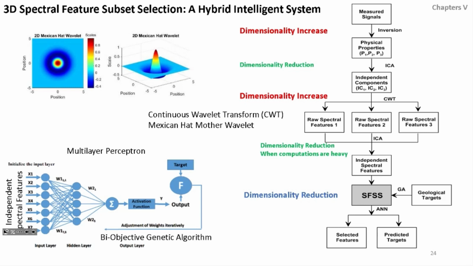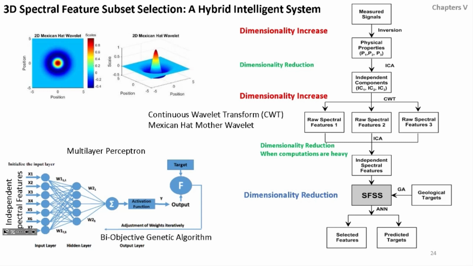So through feature subset selection, we label our features. Which feature is, for example, granite, which feature is basalt, or which feature is a gold-rich zone, like that.